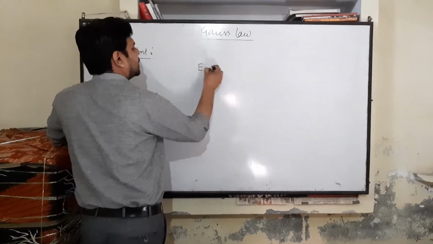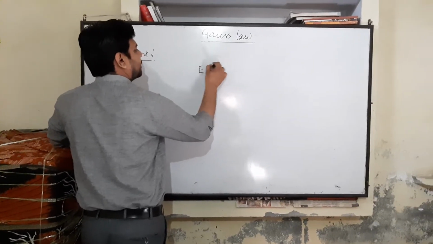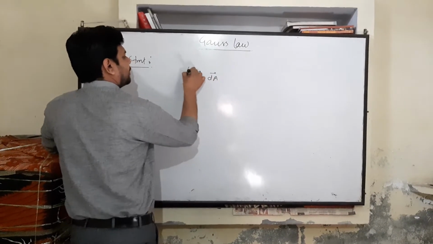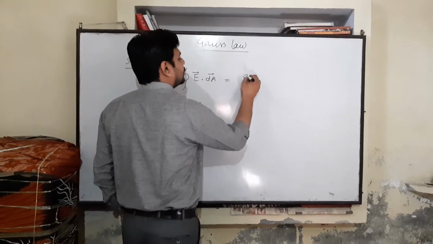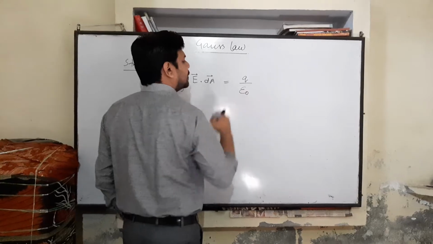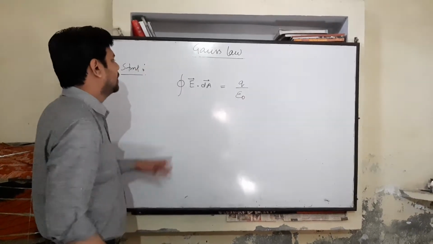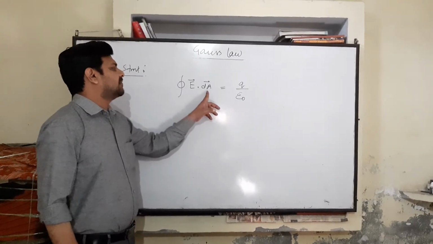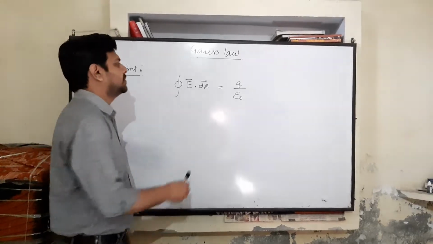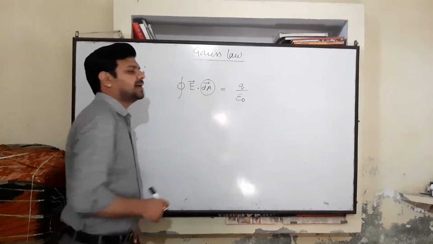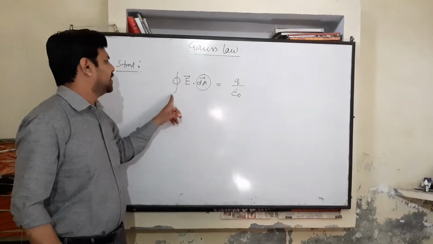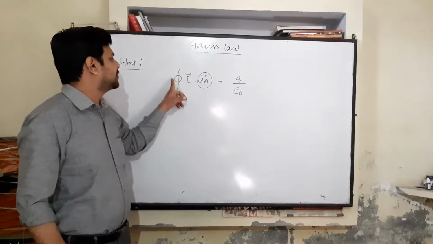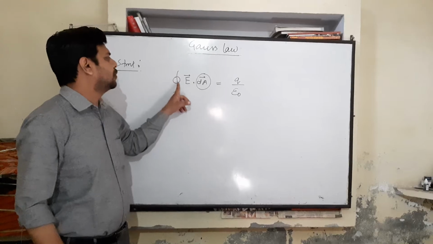E dot dA integration is equal to Q over epsilon naught. The surface integration, this dA is small surface area vector, and this is for integration, and this circle is for closed surface.